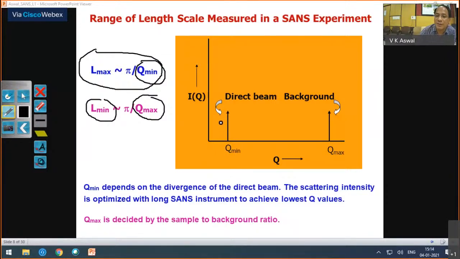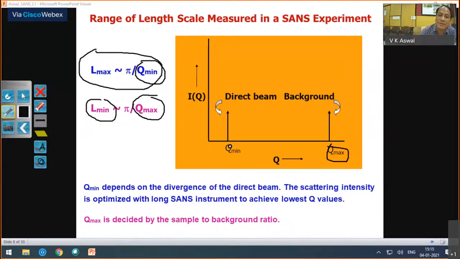Below this, you will have a strong contribution from the transmitted beam. And because most of the small angle scattering signal decreases drastically at higher Q values, after some Q value the scattering will start to be dominated by the background. So in that case, measuring any scattering signal beyond Q max will be difficult.